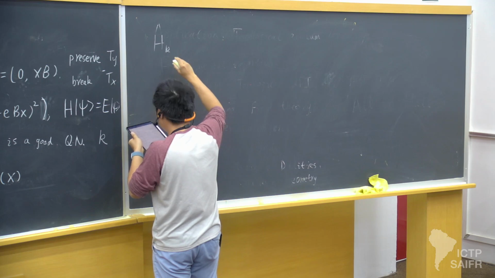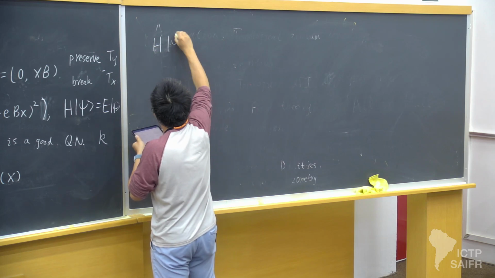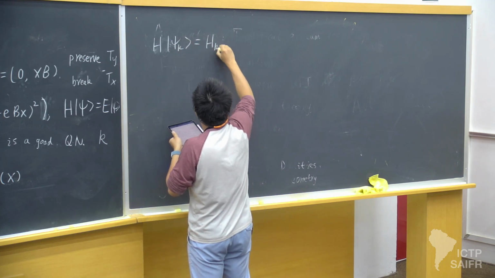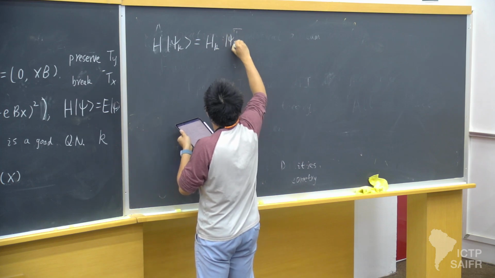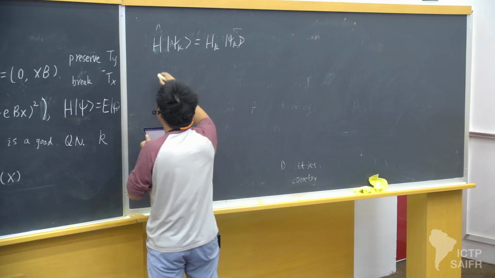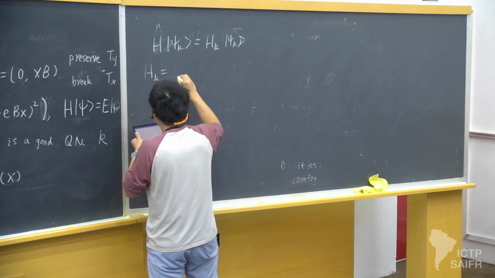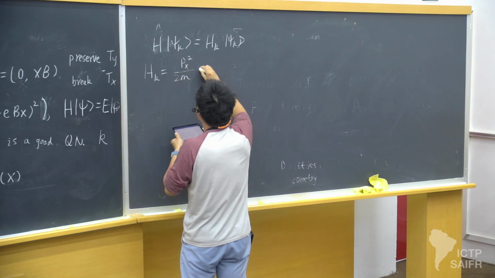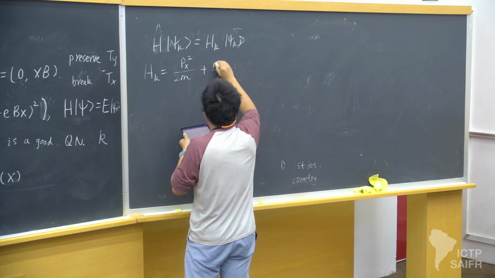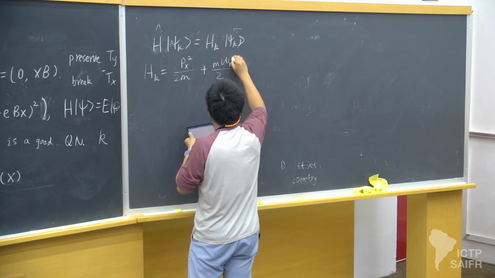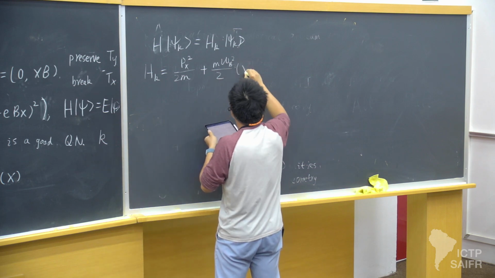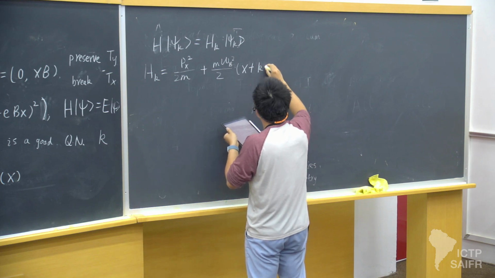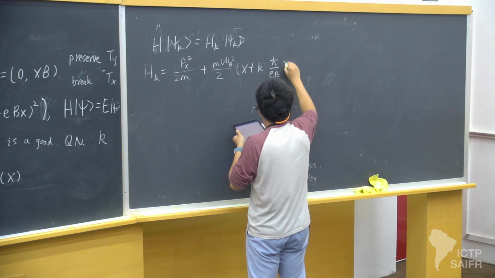You just apply this to psi_k and you end up with something like h_k times psi_k, where h_k is 1 over 2m px squared plus m omega_b squared over 2 times (x plus k times h bar over b) squared.